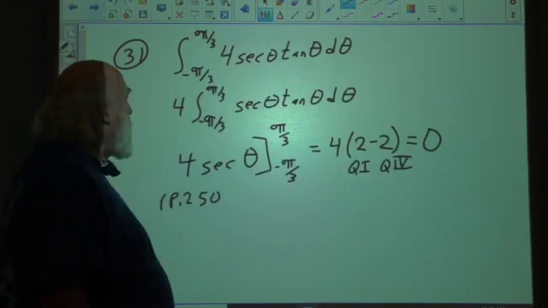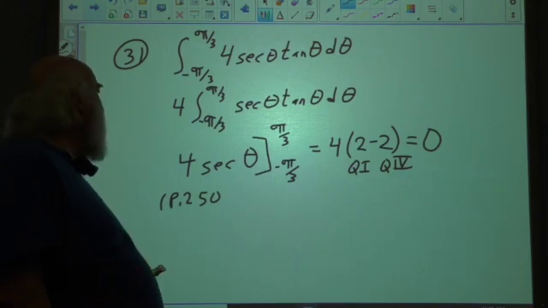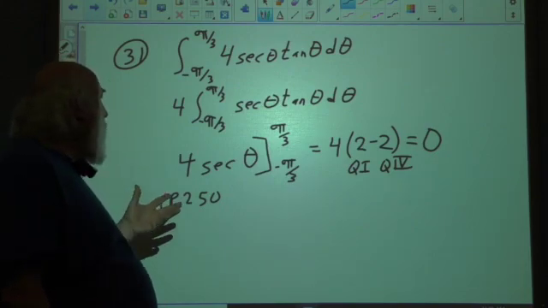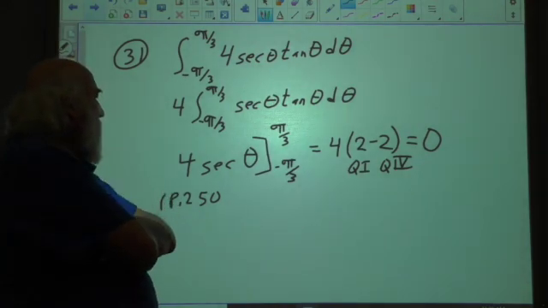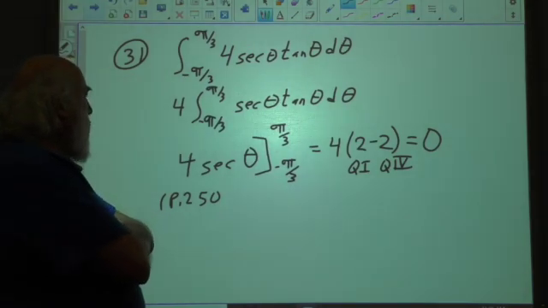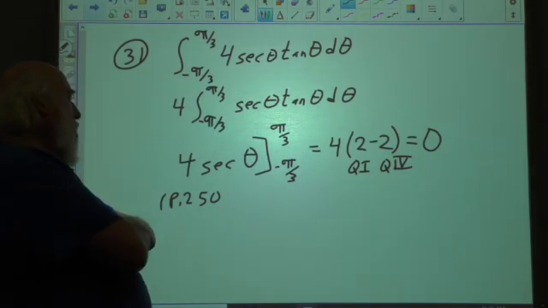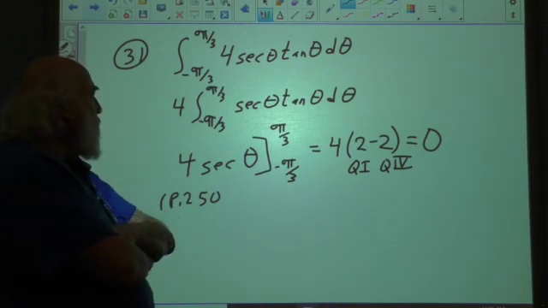Number 31, again, go back to page 250 for your secant data, tangent data, which is going to get the secant data when you go from integration to the derivative, doing the integral of it.